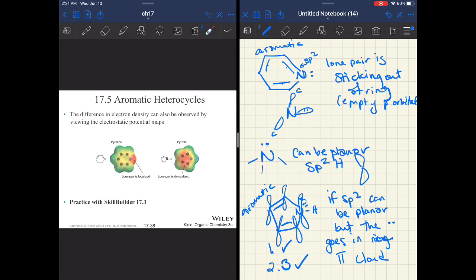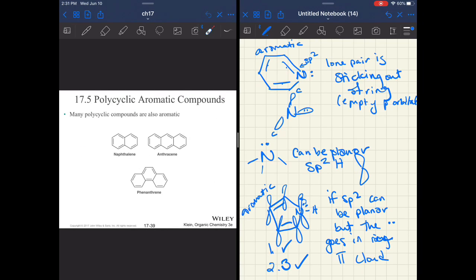You can even see it here in the electrostatic potential maps. On the pyridine, that lone pair is localized on the nitrogen, whereas on the pyrrole, that lone pair is delocalized over the whole molecule. Polycyclic aromatic compounds, you're just going to be using the same rules.